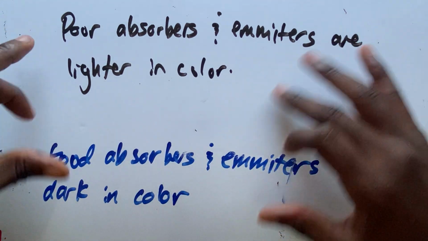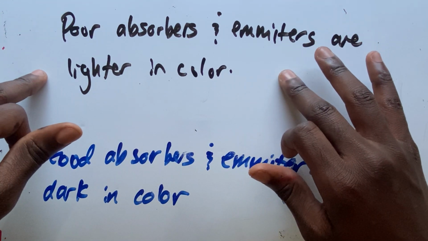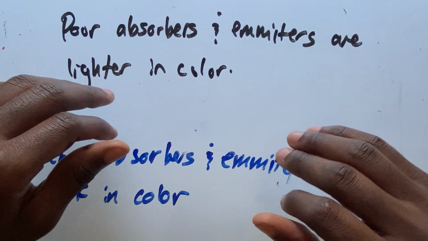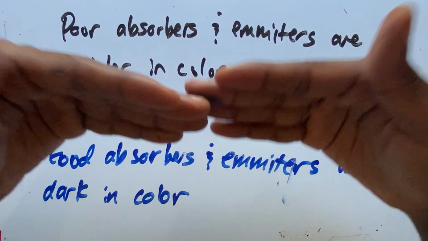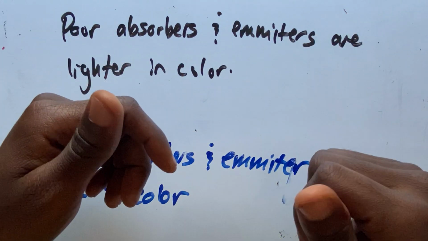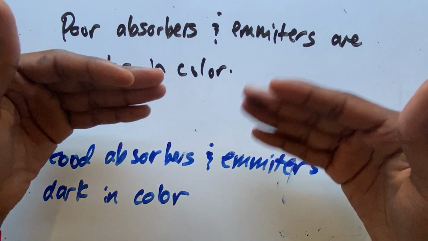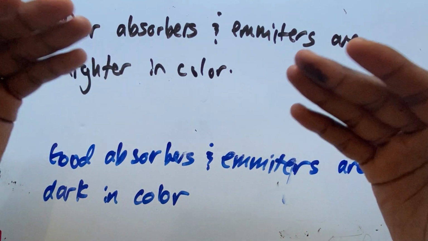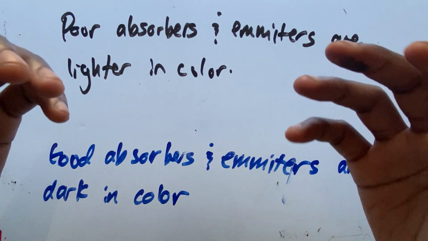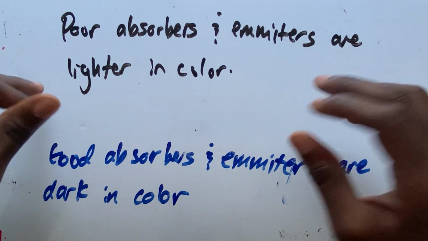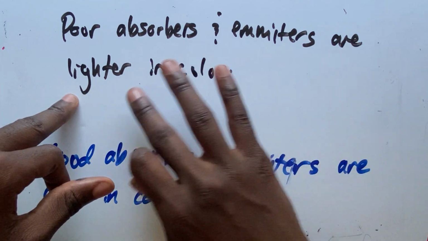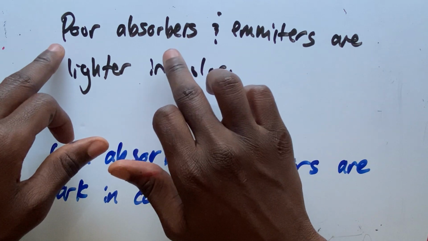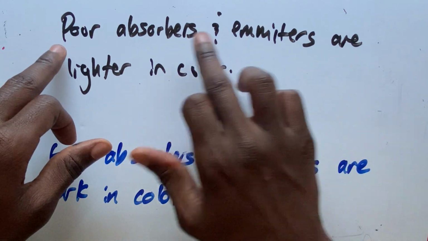So I think this kind of makes sense, right? If you go outside and try to look at a white piece of paper on a bright day, it may actually strain your eye. It may hurt your eyes a little bit because this paper is white, so it's lighter in color, meaning that it's a poor absorber, also a poor emitter.